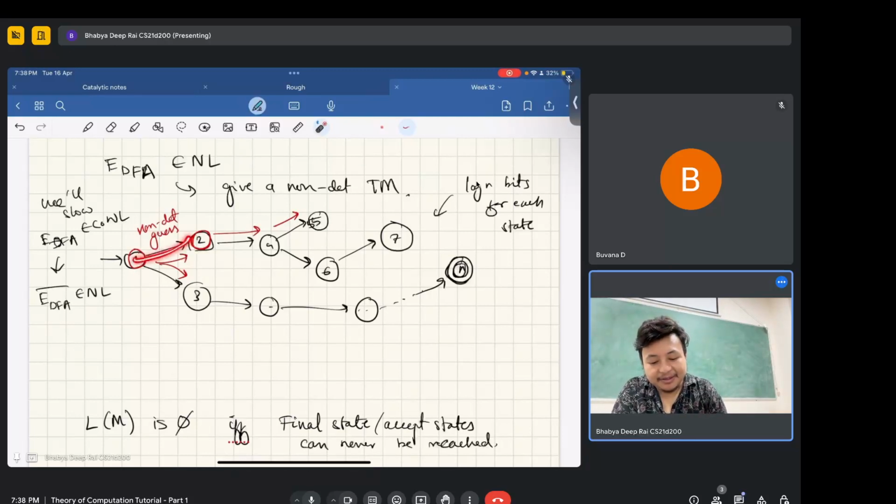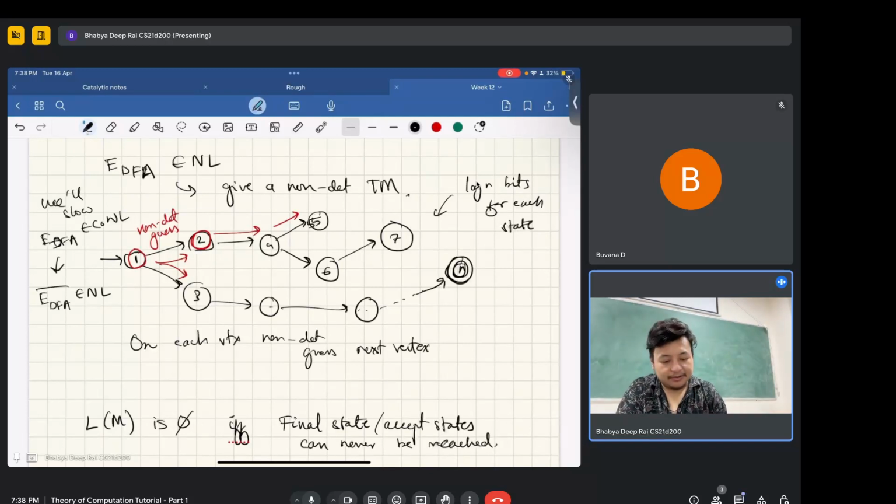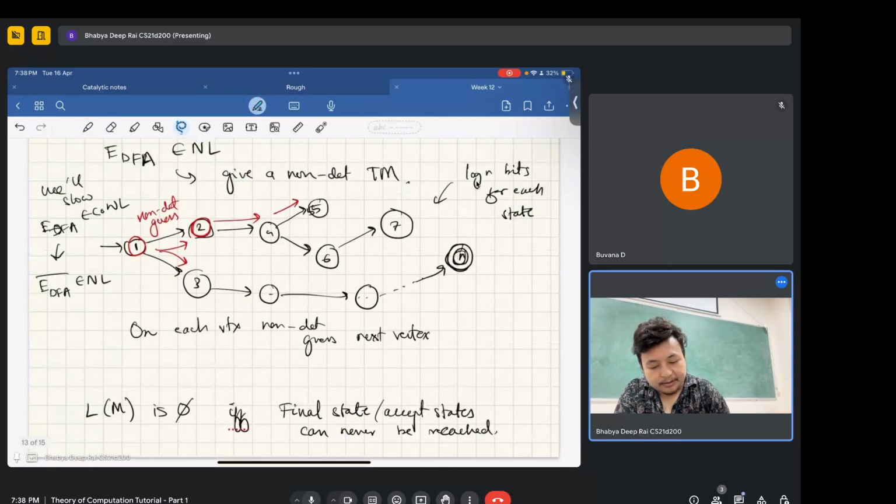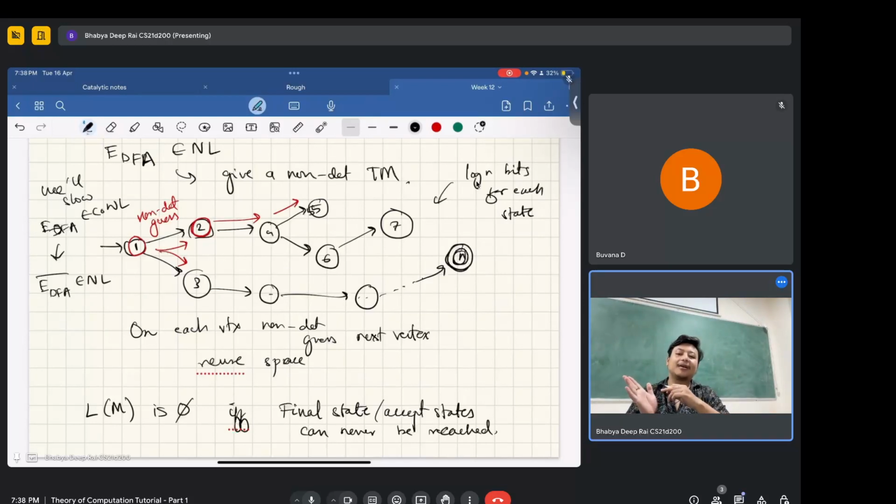Basically, every time you visit a state, on each vertex, non-deterministically guess the next vertex, traverse to it, and non-deterministically guess the next vertex. What you do is reuse space. The vertex you are using to remember the previous one, don't remember it anymore.